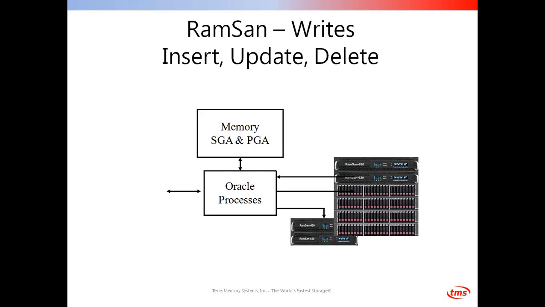Now with writes, what we did in this particular test was we put a mirror inside the RAMSAN, and then we took that mirror and wrote all of the logs, temporary, and undo to it. So now what happens, of course, is the user does an insert, and now when the log write goes out, it goes out at SSD speed. So with that going to the SSD, we're able to greatly improve the number of transactions we can get.